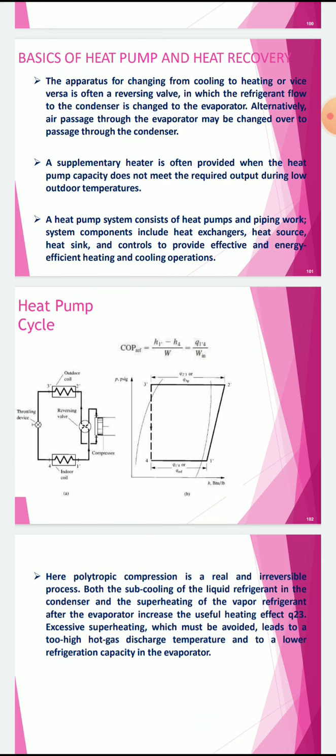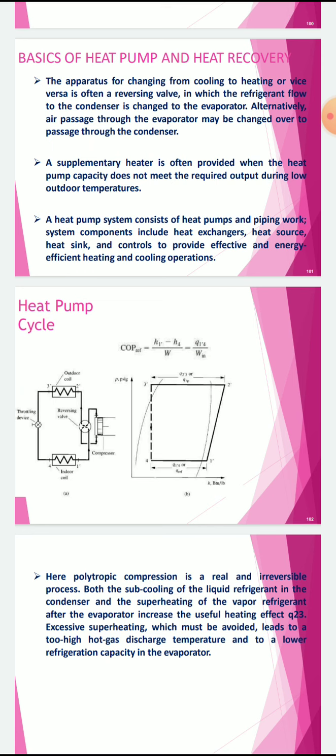For a refrigerator the COP is Q4-1 divided by work input, whereas for a heat pump the COP is Q2-3 divided by work input. 3 to 4 is the constant enthalpy, isenthalpic process, and 4 to 1 is heat addition at constant pressure, that takes place in the evaporator.